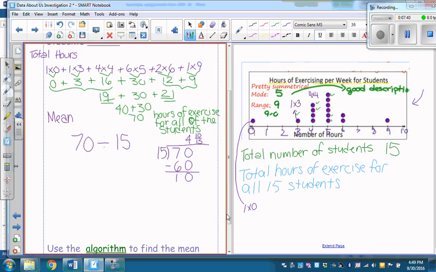And that's the same as a reduced answer. I know 5 goes into both 10 and 15 to make 2/3. So I could say the mean hours of exercise is 4 2/3 hours per student.